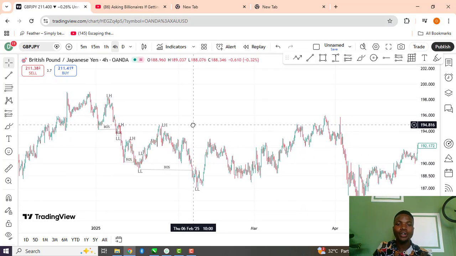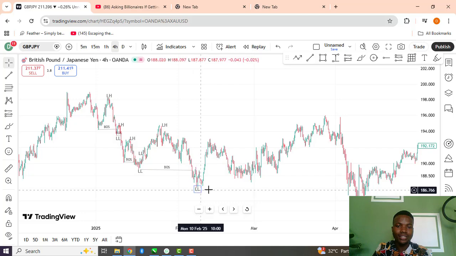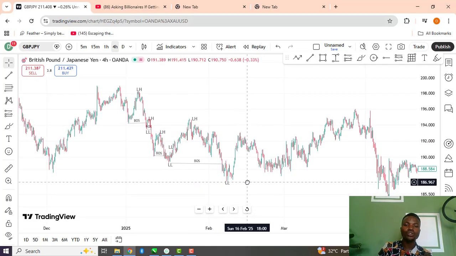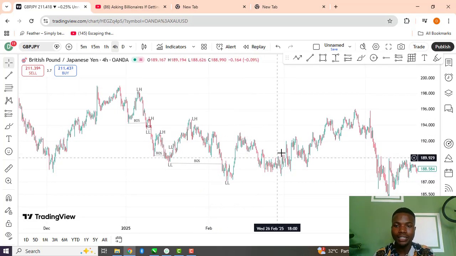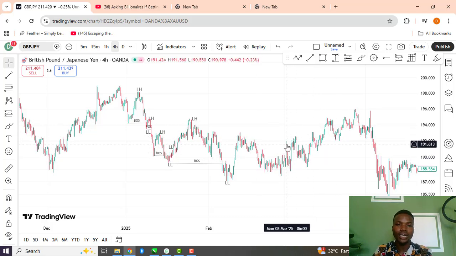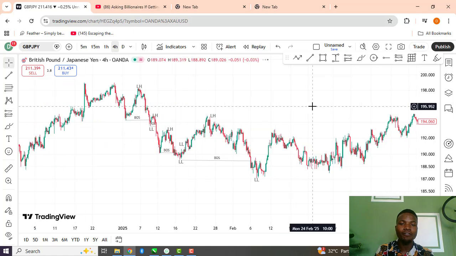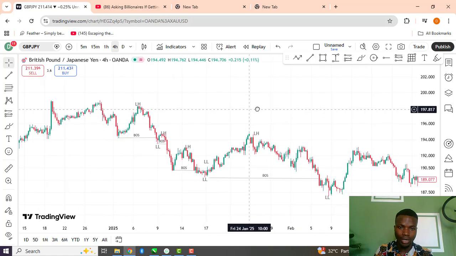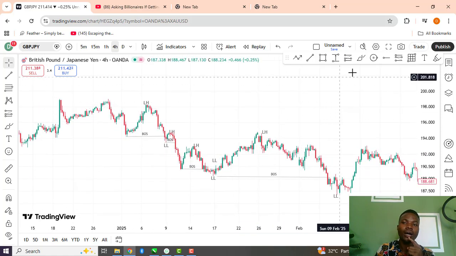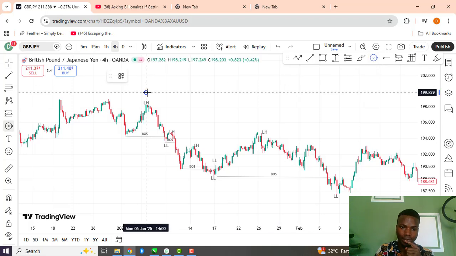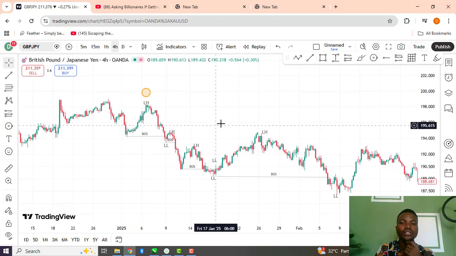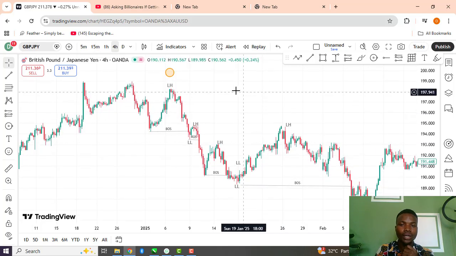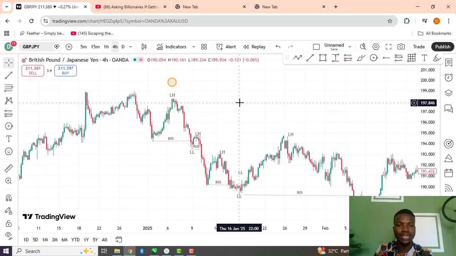But I'm not going to delve right into this uptrend because what actually happened here is more deeper than that. Right now, since I have marked out a break of structure, I want to believe that this is something you understand, because if you want to know how to trade professionally, you must understand this concept.